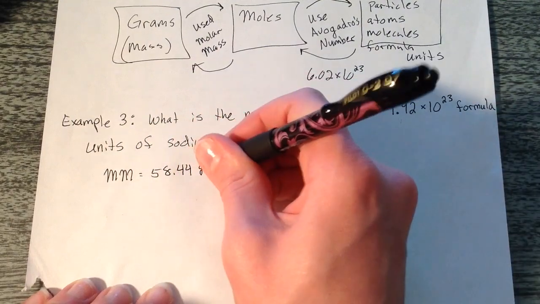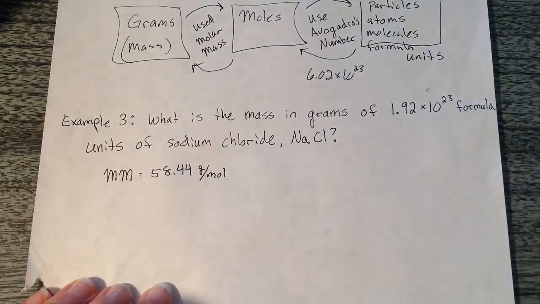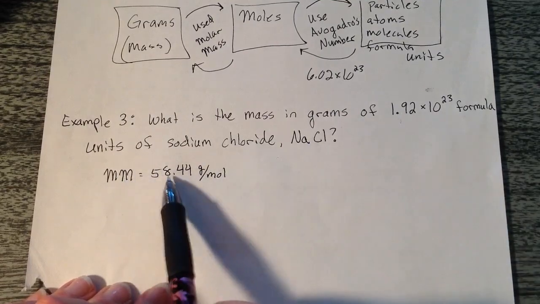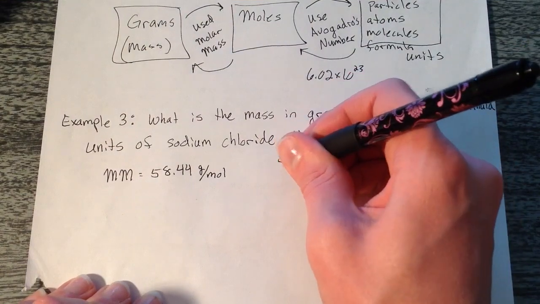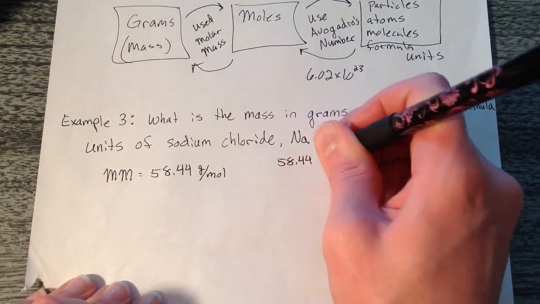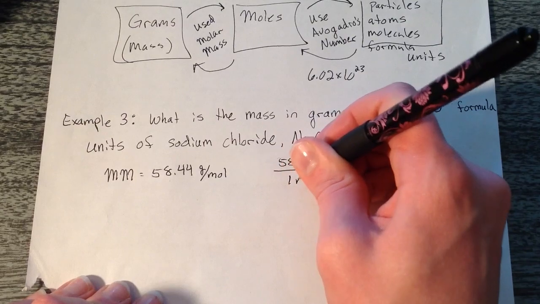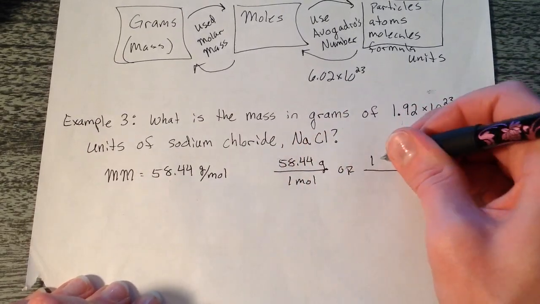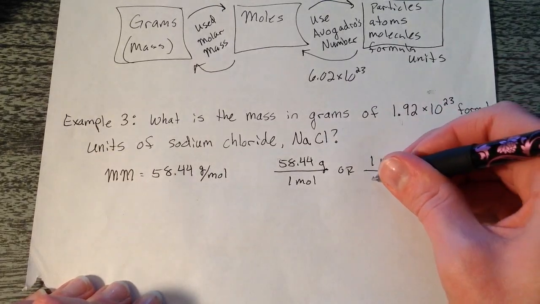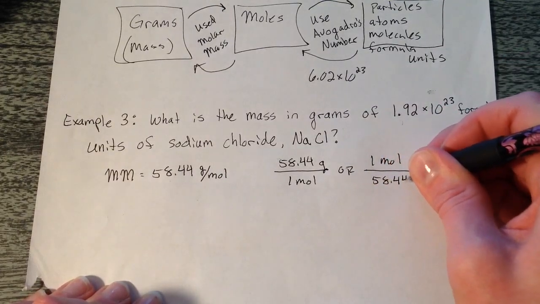For the sake of time, I'm not going to step through how I solved that, but check out an earlier video on molar mass. So molar mass, 58.44 grams per mole. I can rewrite this as 58.44 grams for every 1 mole. Or I can rewrite this as 1 mole is in 58.44 grams.